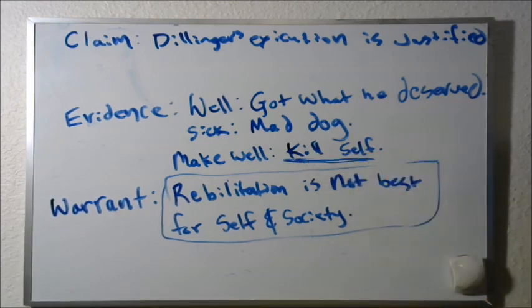Is there something left that could be salvaged? Rico doesn't seem to think so. I think this is a perfect gray area that Heinlein is trying to exploit here. So that's kind of breaking down that argument in terms of claim, evidence, and warrant.